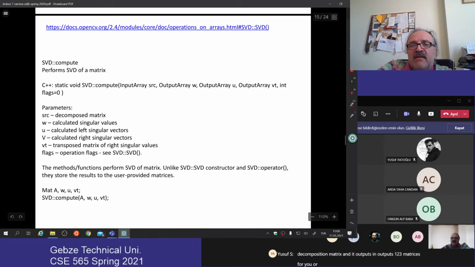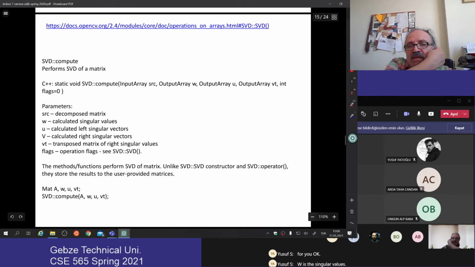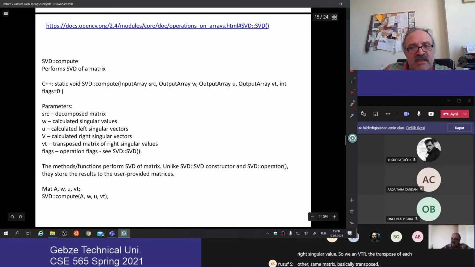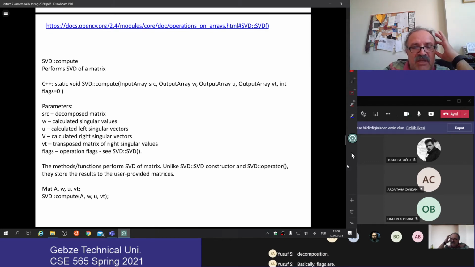W is the singular values, U is the calculated left singular vectors, V is the calculated right singular vectors, and VT is the transpose of the right singular vectors matrix. So V and VT are the same matrix, transposed. And flags tell you which algorithm to use for the singular value decomposition.